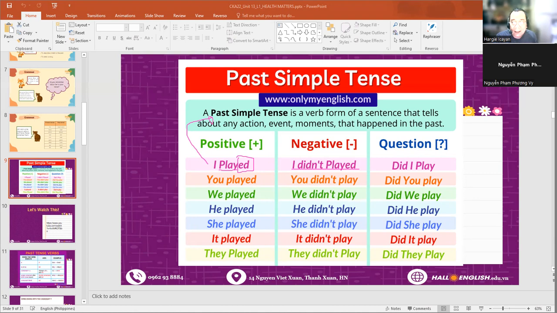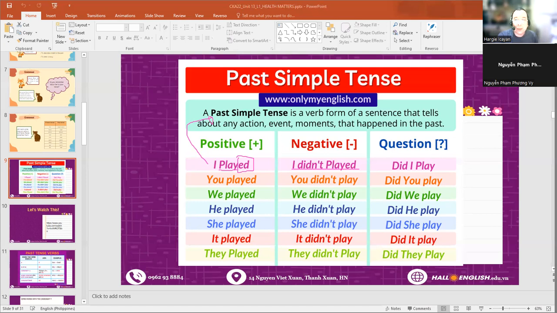That means, okay, can you open your Skype chat, V? Can you open your chat? Yes. Okay, so I played basketball last week. Okay, what's the verb that I use in that sentence? Okay, very good.